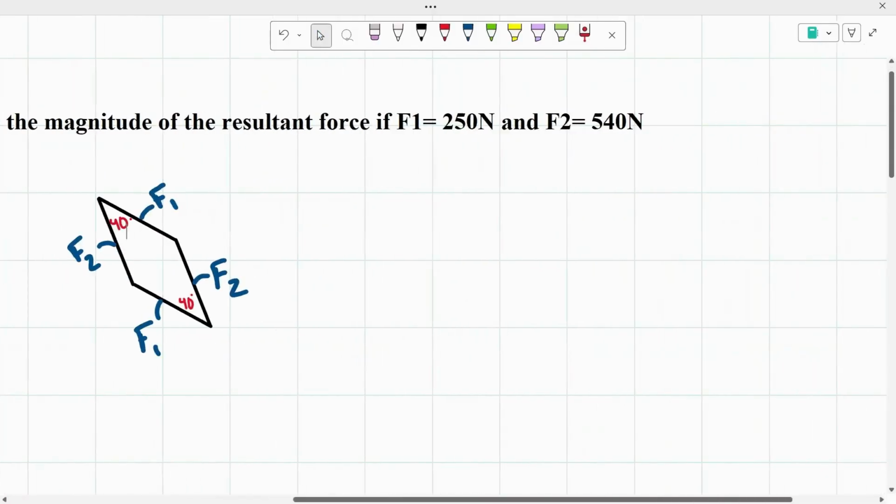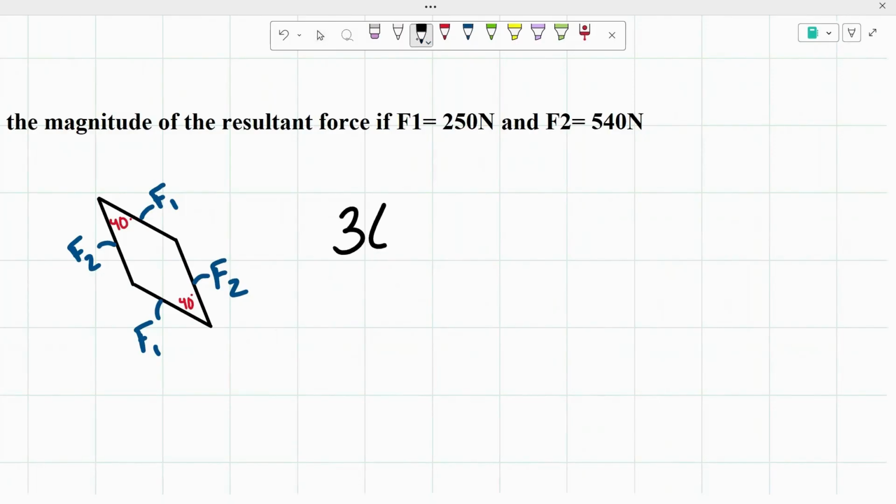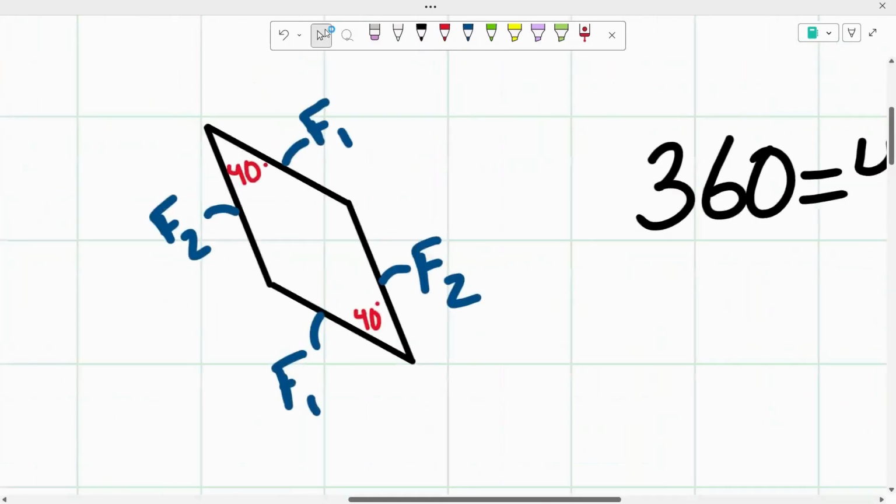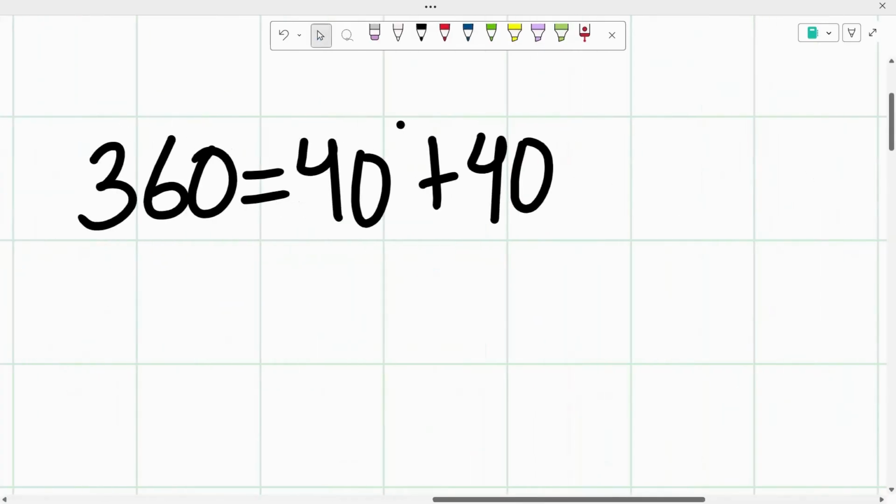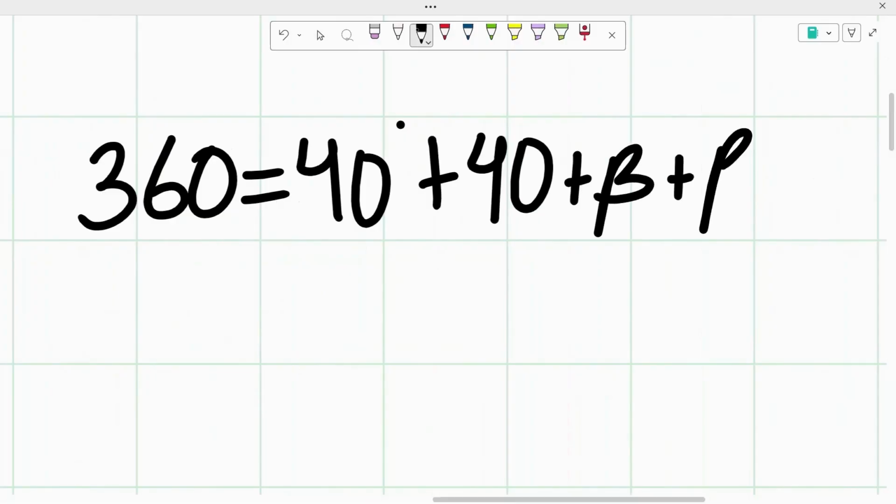So what we know is that the sum of the angles of a parallelogram has to equal 360. So 360 has to equal 40 plus 40, and we're going to name these two missing angles beta. Then plus beta plus beta, or you could simply write that out as 2 beta.